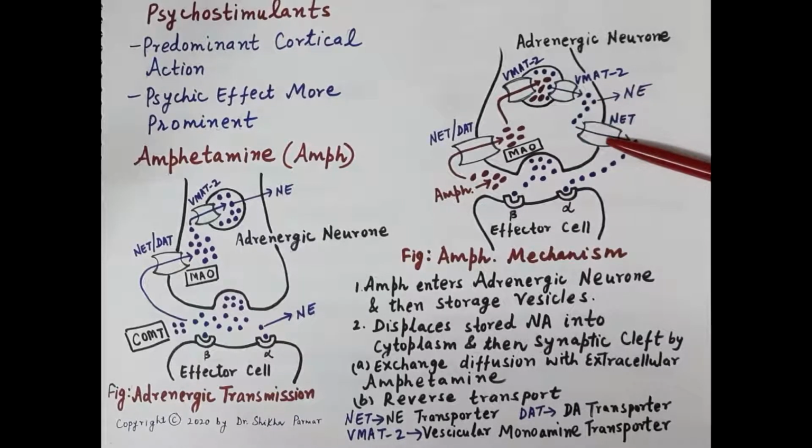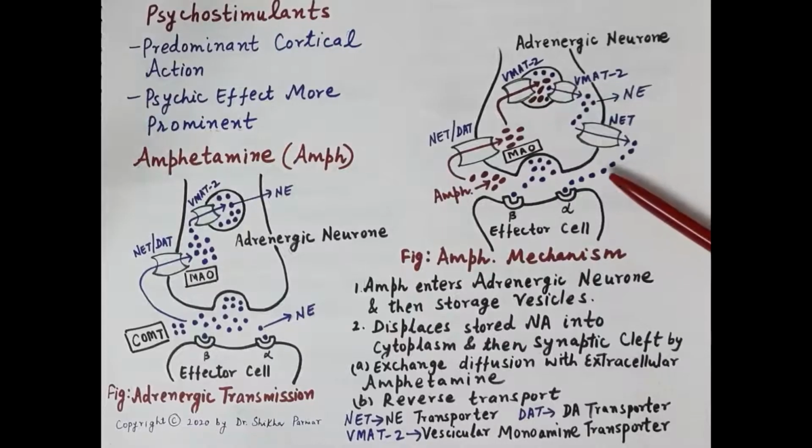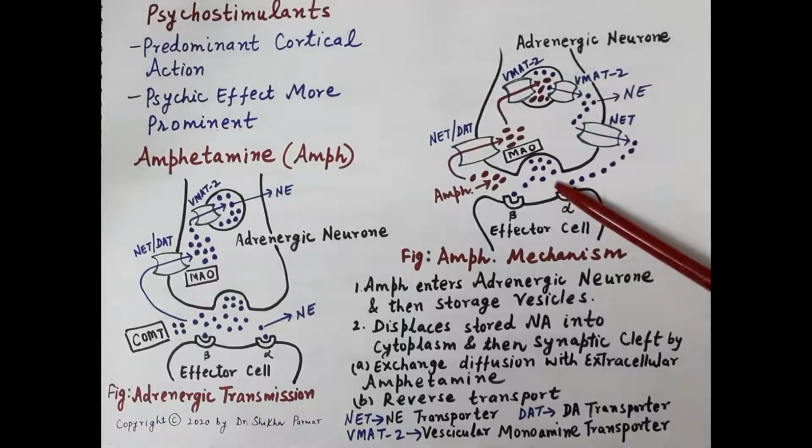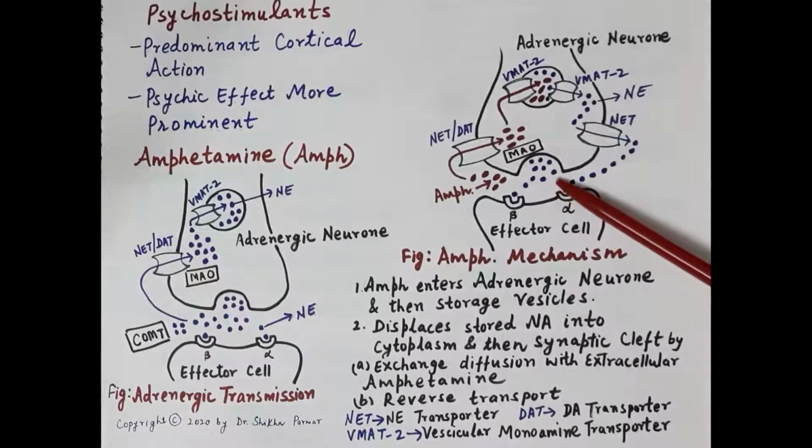Again, this is the adrenergic neuron. And once the adrenergic neuron is depolarized, the noradrenaline is released into the synaptic cleft. Now, what amphetamine does is this, that it increases the availability of norepinephrine and dopamine at the synaptic cleft. Now, how does amphetamine do that? Let's see.